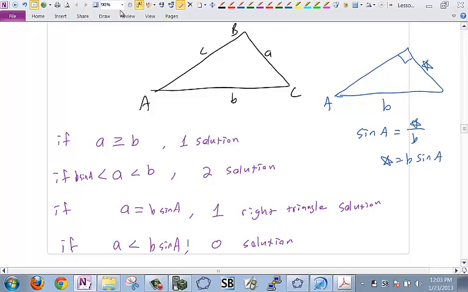If your opposite side is larger than your adjacent, there will be one solution. If the opposite side is shorter than the adjacent, then you have to determine, is it too short? So you figure out what B sine A is. If the opposite is between B sine A and B, two solutions. If it's equal, one right triangle solution, and if it's too short, there are none.